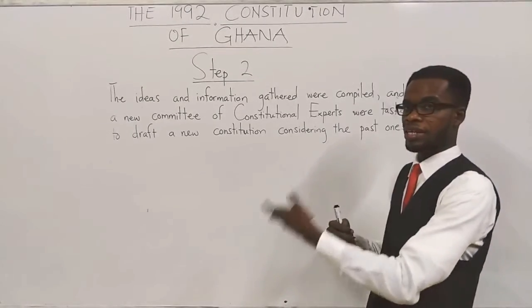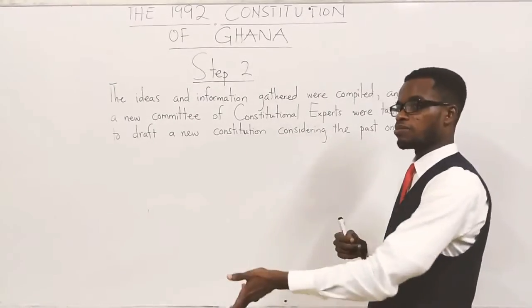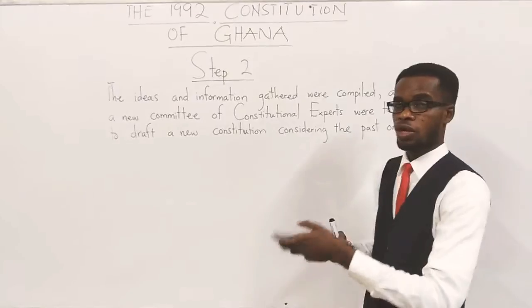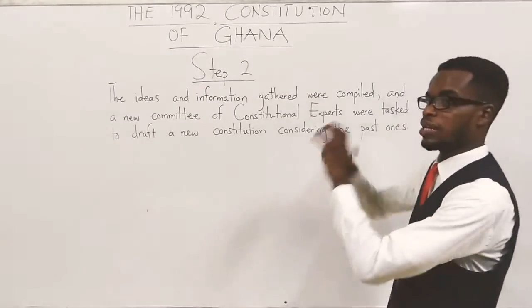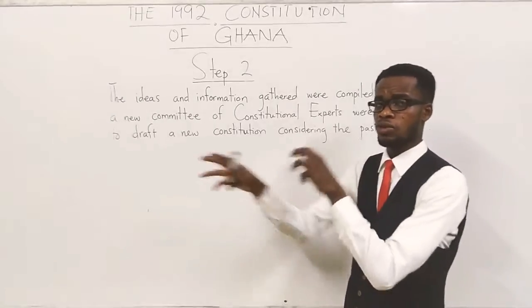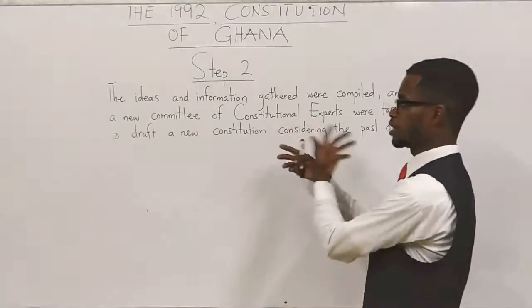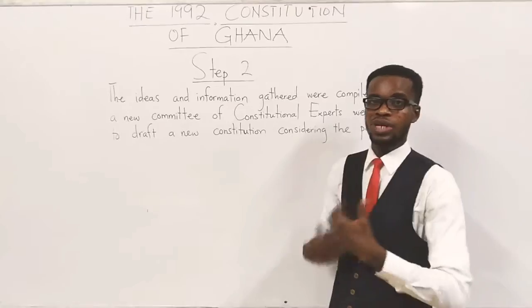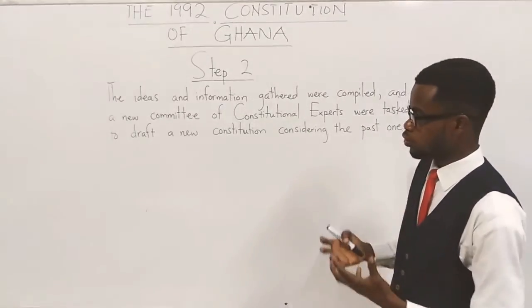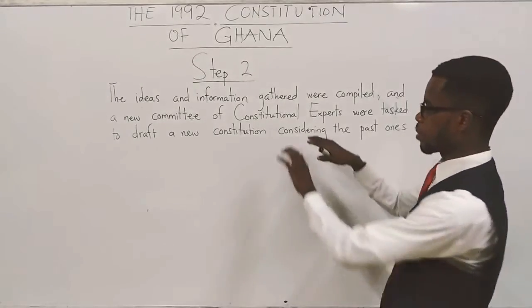We've had the First Republican, Second Republican, Third Republican, as I've already mentioned. They were to consider those past constitutions and see if there are relevant provisions they can add and blend with the current one, so we can have a new and refined constitution. This is what they were trying to do at this stage.